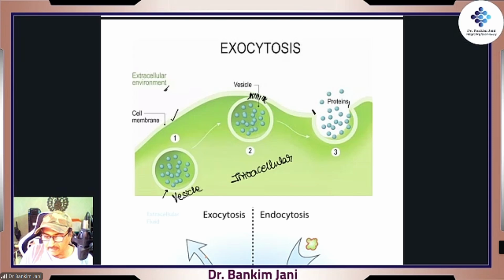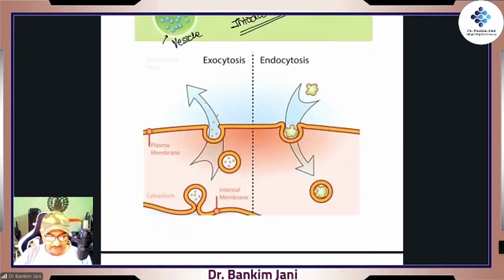Thus, the contents are released into the extracellular environment. Why this mechanism? So that the intracellular environment is not exposed to the extracellular environment. That's why they fuse and then they go out. That is how exocytosis would occur.